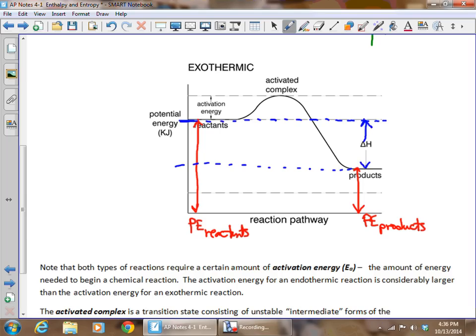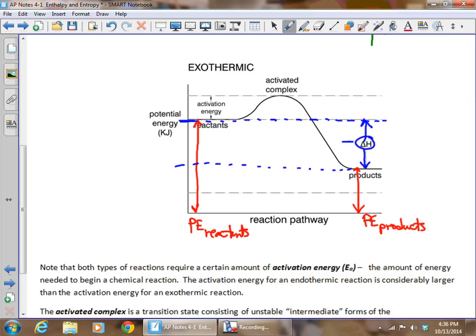Now think about it. This time we lost heat. We gave off heat. When we give off heat, by convention, this delta H value here becomes negative. Anything given off is negative. So that gives us again our enthalpy of reaction, or our heat of reaction for that particular reaction. Now notice something about the activation energy for an exothermic reaction.